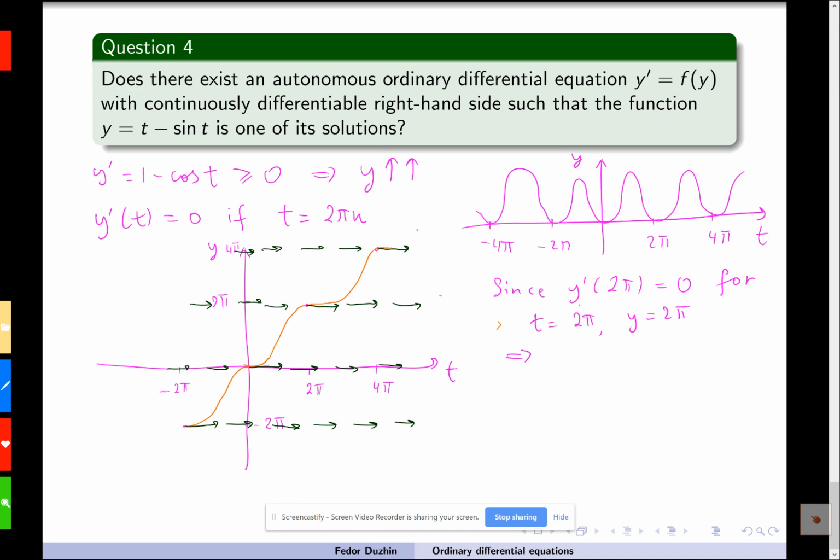So we conclude that y prime is going to be 0 for any value of t when y equals 2 pi. In other words, f of 2 pi has to be equal to 0. But if f of 2 pi has to be equal to 0, then it means that y equals 2 pi is an equilibrium solution.